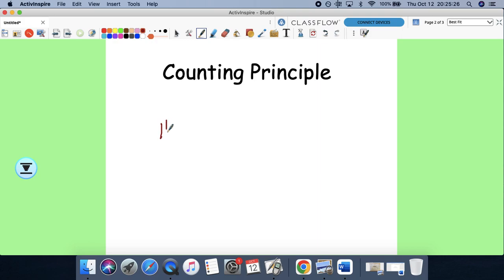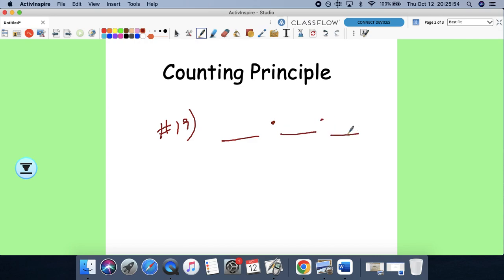Number 19. Simone has 3 shirts, 3 skirts, 3 belts. How many different outfits can she make if she doesn't want all 3 items to be in the same color? Wait a second. What does that mean?